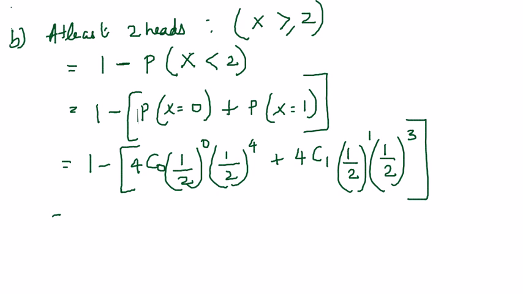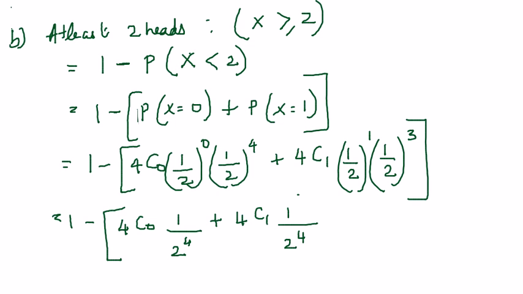So it is going to be 1 minus 4C0 into 1 by 2 power 4. This 1 by 2, the whole power 0 becomes 1, right? Plus 4C1 into 1 by 2 power 4.